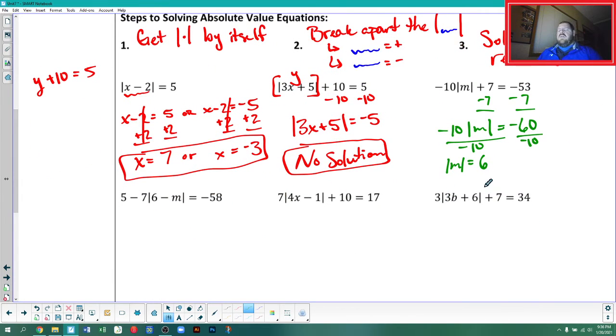I don't get to say no solution on this one. Then I break it apart, and I don't have to solve a remaining equation because I just have m in here. This means that m is going to be equal to positive 6, or m will be equal to negative 6. There's no equation left to solve. It's kind of nice.